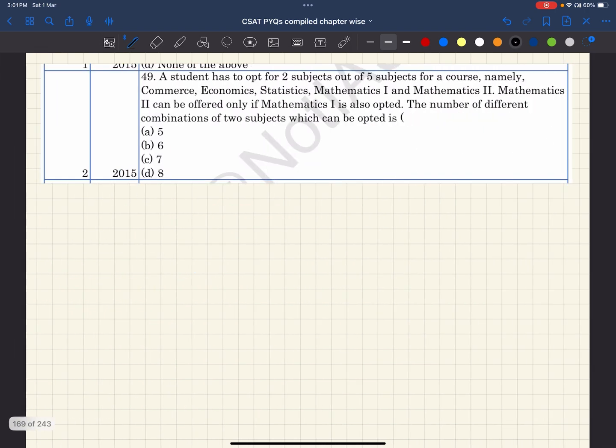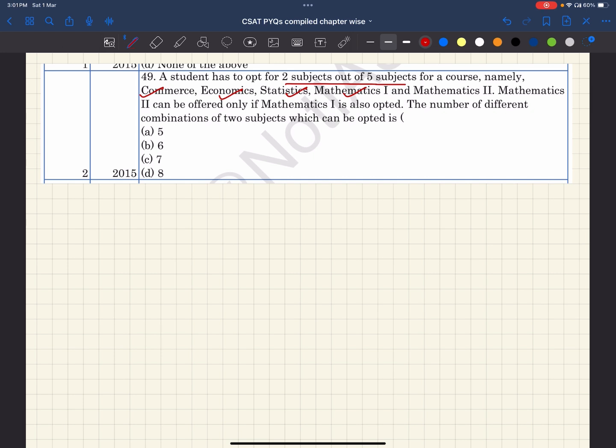Now, let's go to the next question. A student has to opt 2 subjects out of 5 for a course, namely commerce, economics, statistics, mathematics 1 and mathematics 2. Mathematics 2 can be offered only if mathematics 1 is also opted.